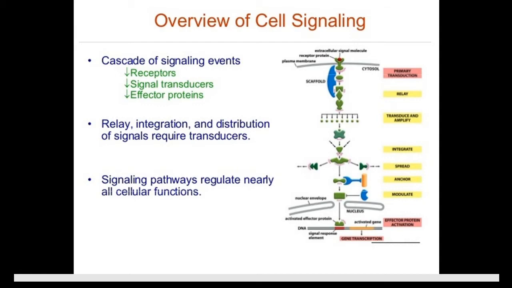In between the signal receiving at the cell surface and the gene transcription, there are n number of steps like relay, transduction and amplify, integrate, spread, anchoring and modulate. In each step, numerous proteins are present in the cell cytoplasm and also the cell nucleus.